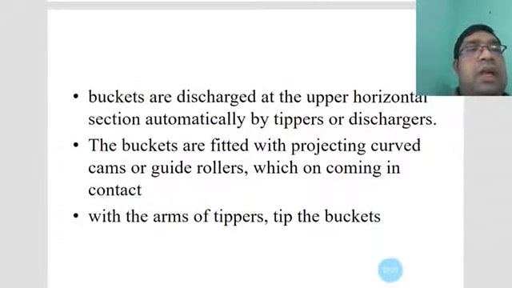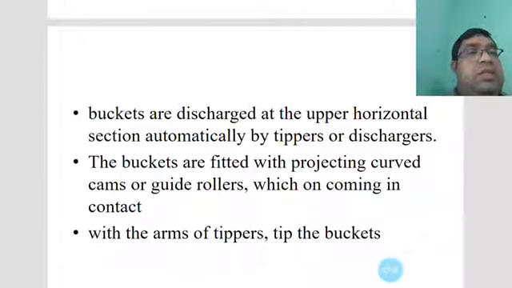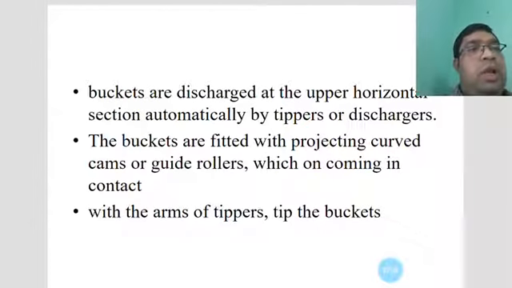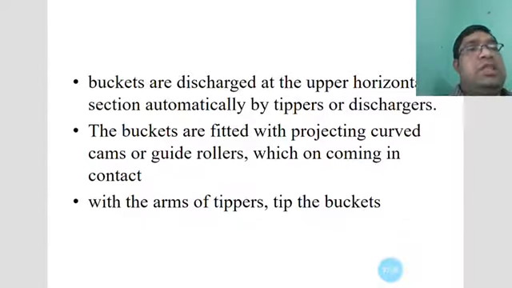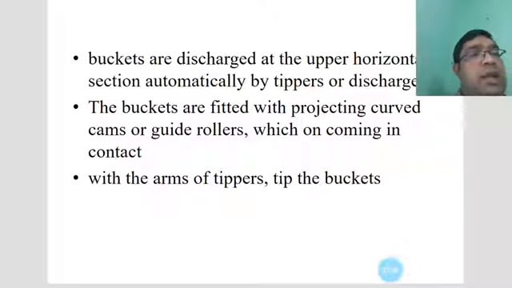The buckets are discharged at the upper horizontal section automatically by trippers or dischargers. The buckets are fitted with projected curved arms or guide rollers, which come in contact with the arms of the tippers that tip the buckets.